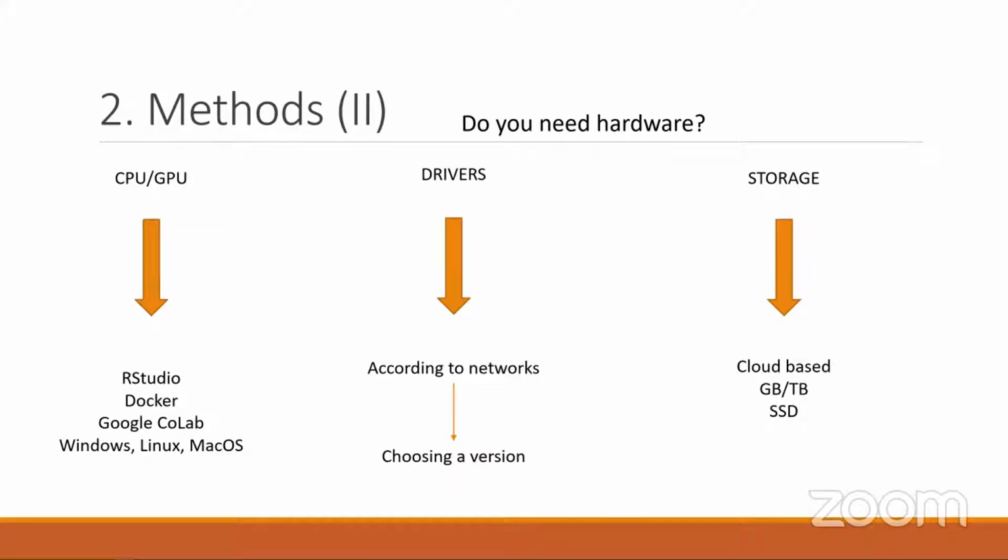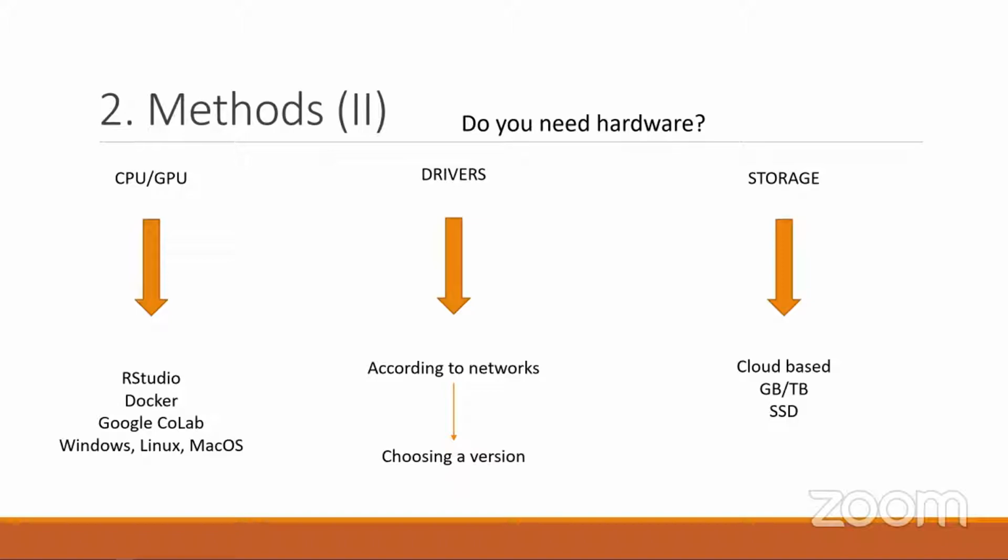And finally, another thing that we need to take into account is the storage capacity that we need. If we are working on a cloud, then we might not have that problem. But if we are working on hardware and physical equipment, we might need some gigabytes or terabytes to, one, store our data and to store the model that is going to be processing all this data.